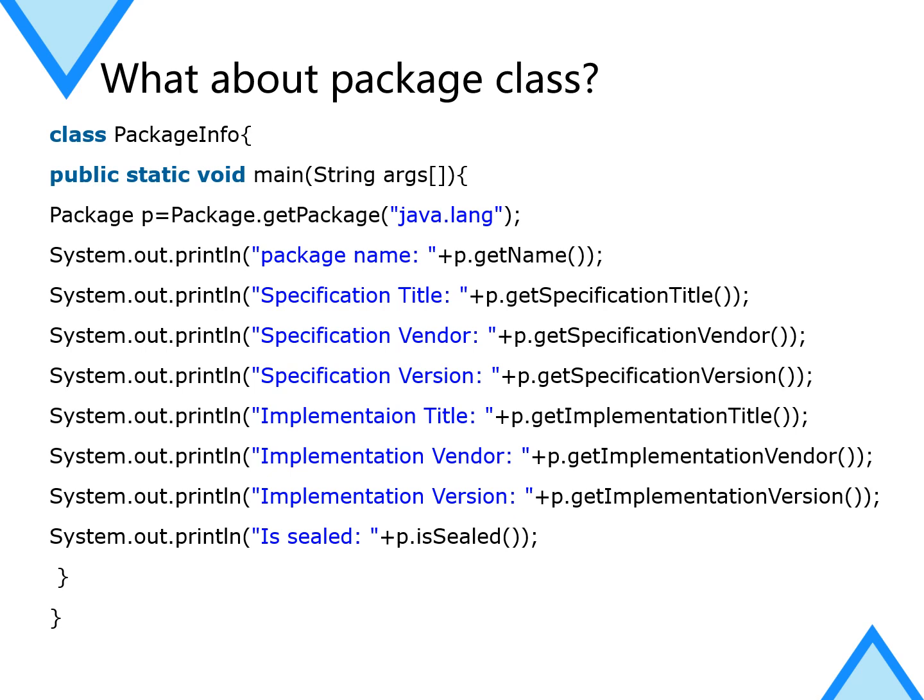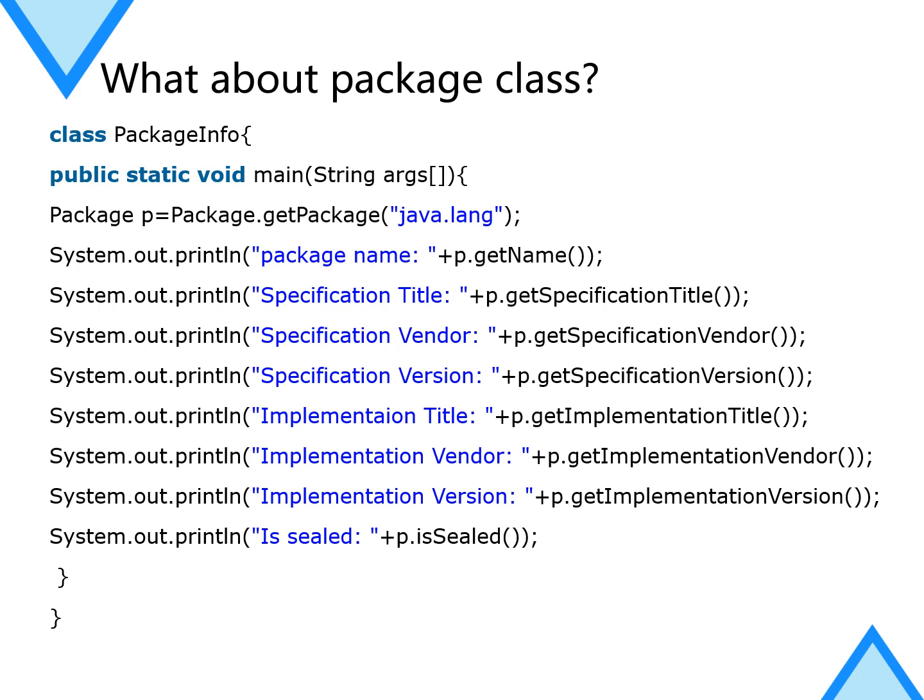Then we show the package name through p.getName, the specification title through p.getSpecificationTitle, specification vendor through p.getSpecificationVendor, specification version through p.getSpecificationVersion, implementation title through getImplementationTitle, implementation vendor through getImplementationVendor, and implementation version through getImplementationVersion.